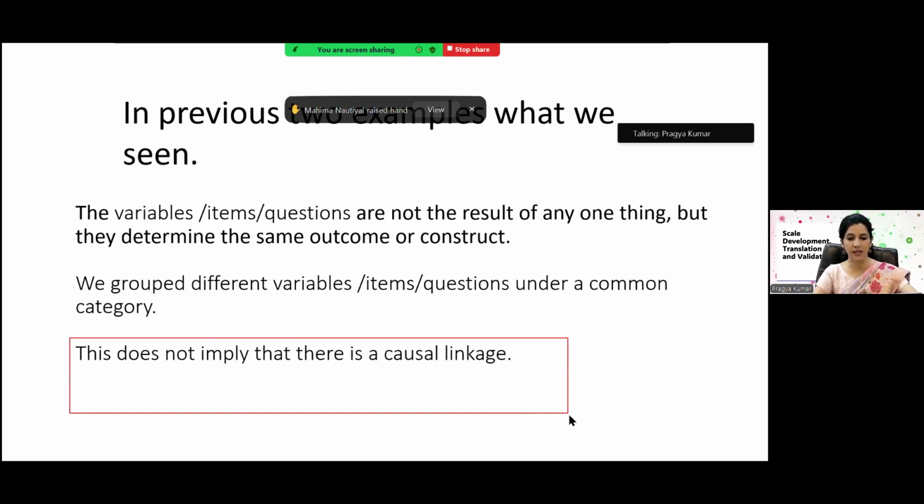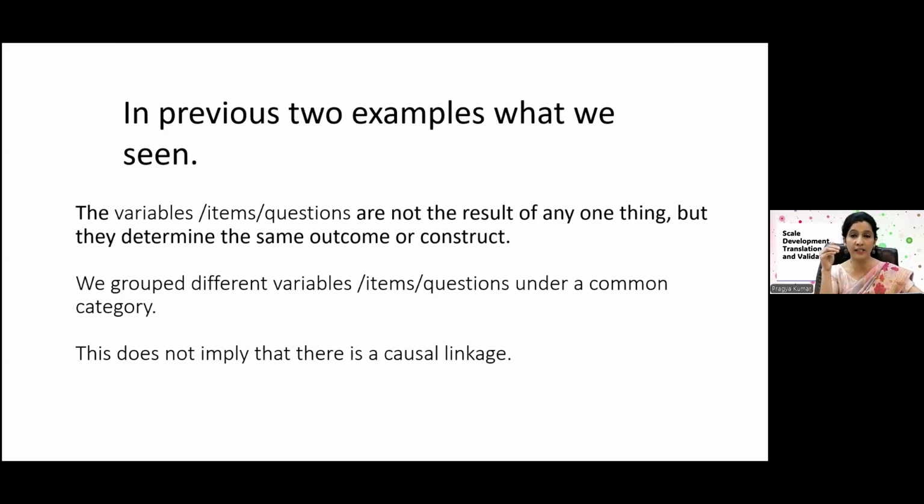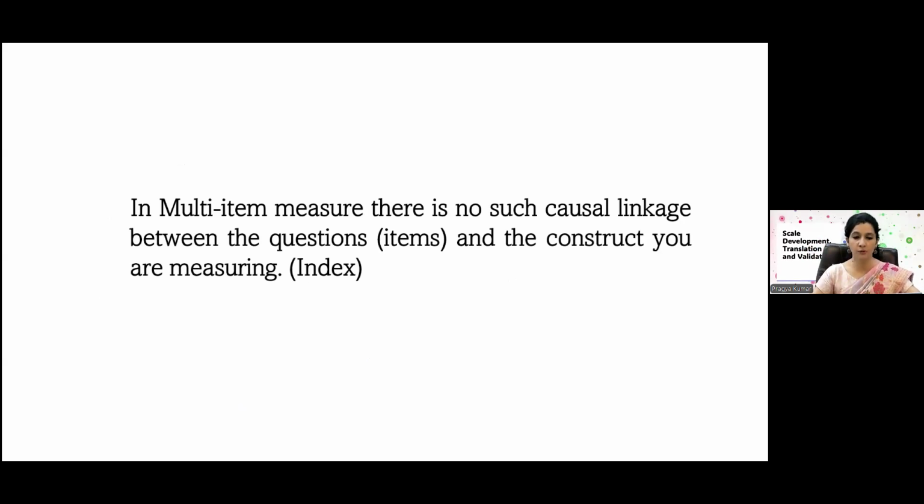I also cannot say that if the socioeconomic status is high, the education is going to be high, because there are various parameters, and a person can score high on one parameter and low on another, and still be of a high socioeconomic status. So in a multi-item measure, there is no linkage between the questions and the construct which we are measuring.